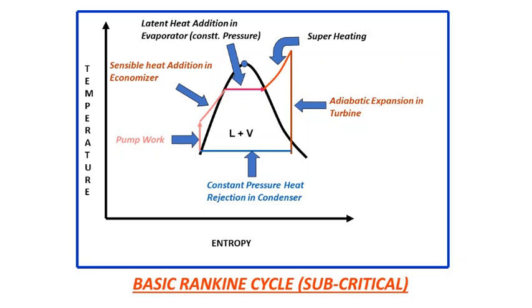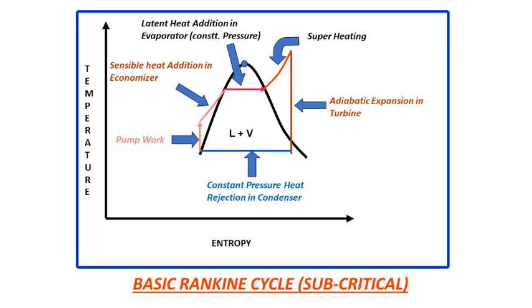So naturally there is a slight increase in temperature of the working fluid due to the pump work, and subsequently the entire heat addition is taking place inside the boiler at constant pressure.